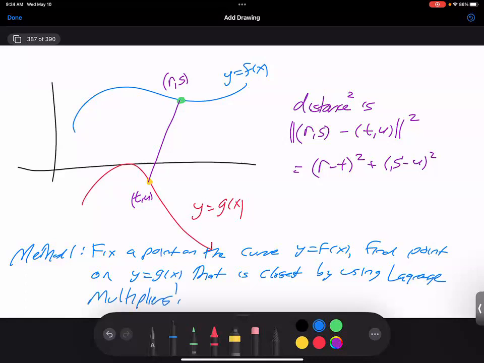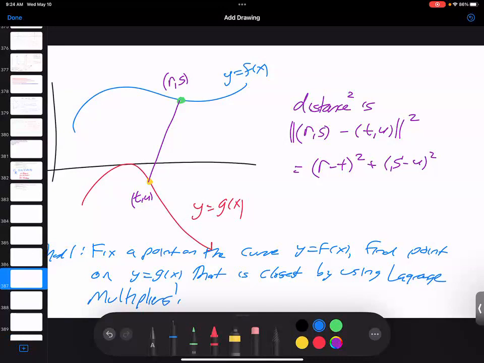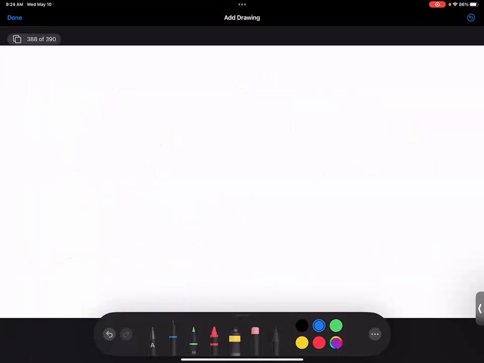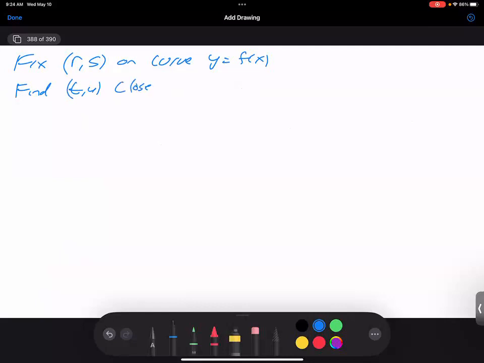And so I should then be able to have a constrained optimization problem. The point TU has to satisfy U equals g of T. So I fix RS on the curve y equals f of x, and find TU closest with U equals g of T.